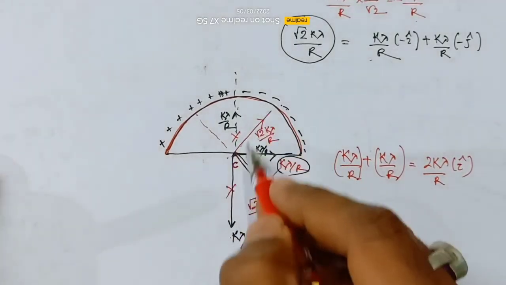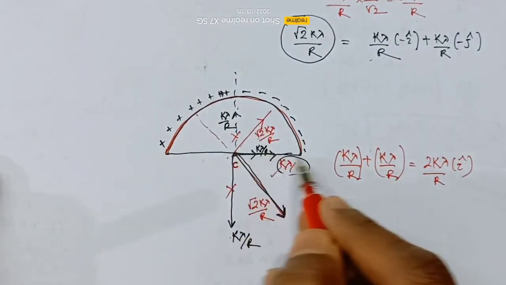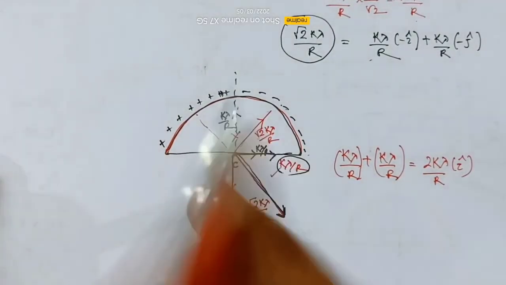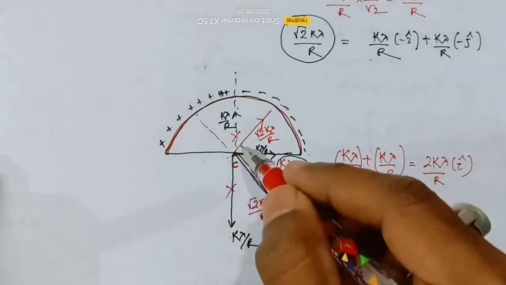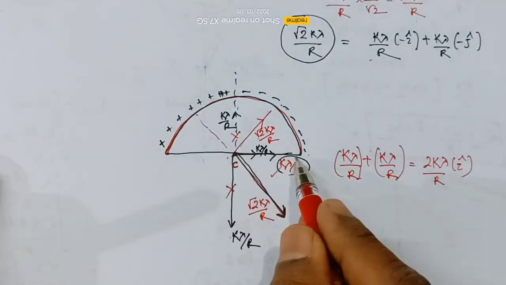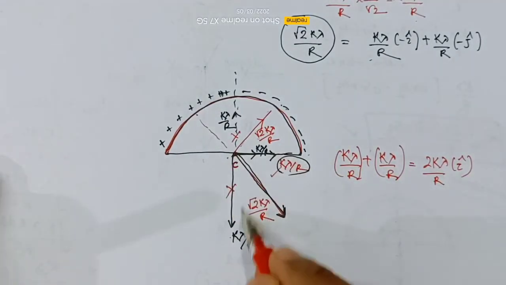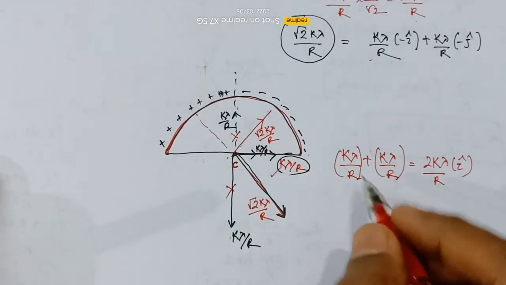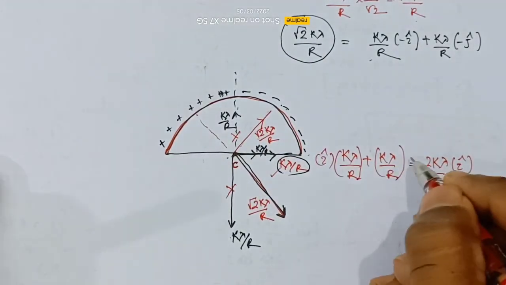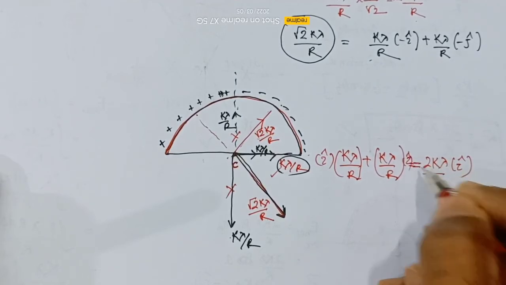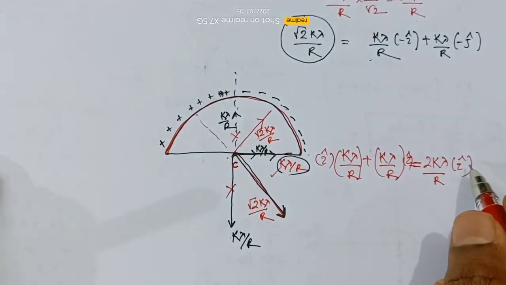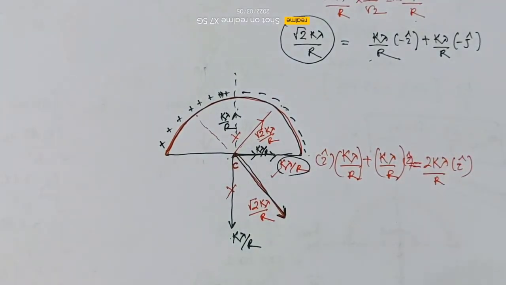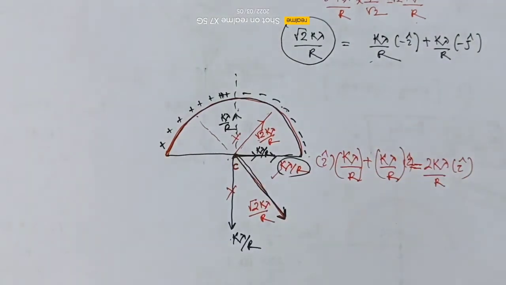Because due to this k lambda by r like this, another k lambda by r like this. Due to this k lambda by r like this, k lambda by r like this, and their resultant gives root 2 k lambda by r. So what is the net? Here is I cap, here also I cap. So we get the result 2 k lambda by r I cap. This is the way someone can approach these arc problems.